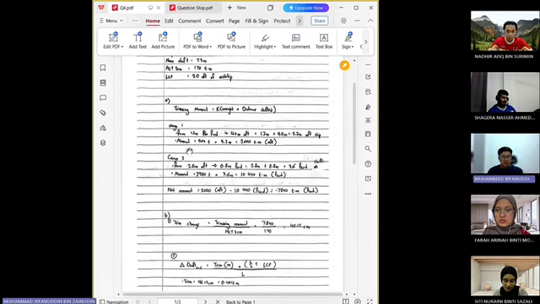Next, the moment of the cargo, which is the weight of the cargo times the shifted distance, which is 5.2.